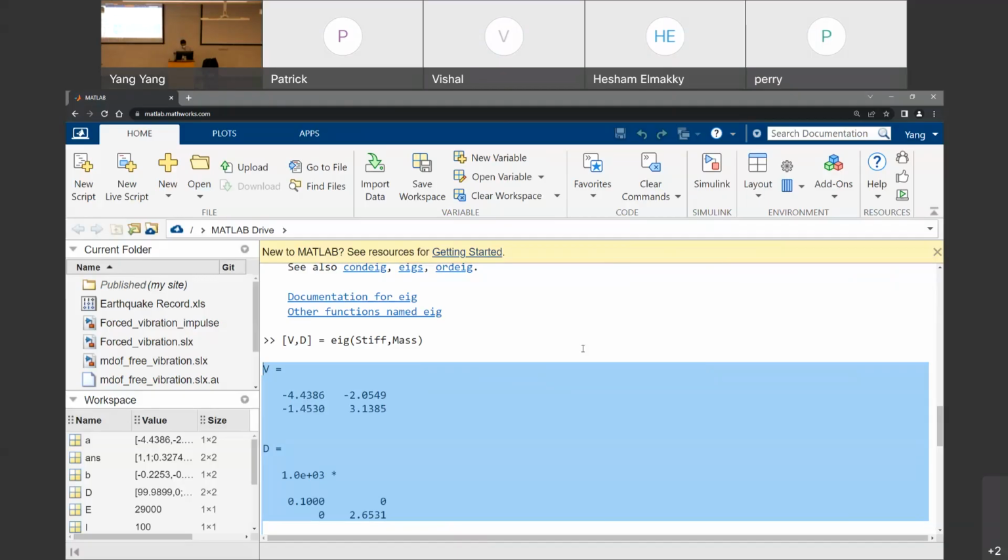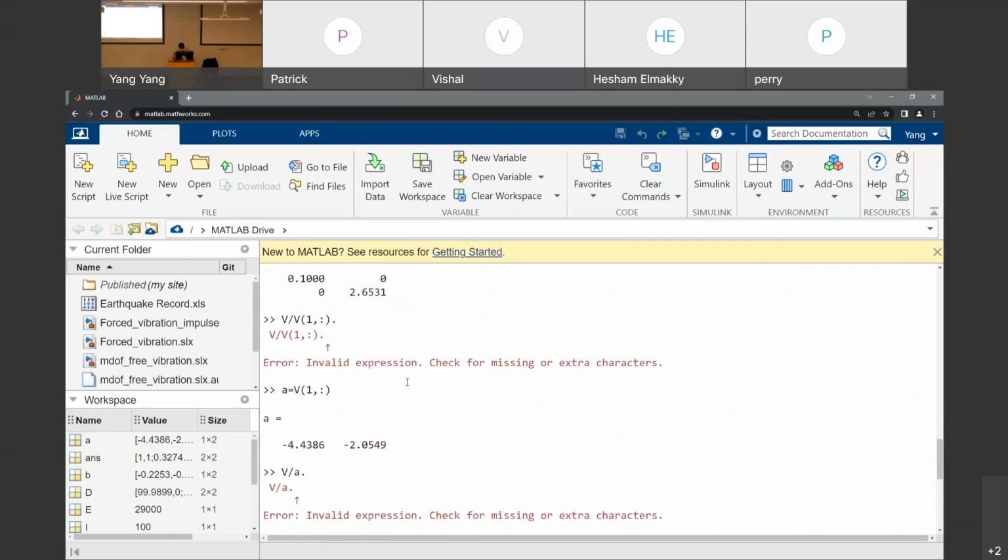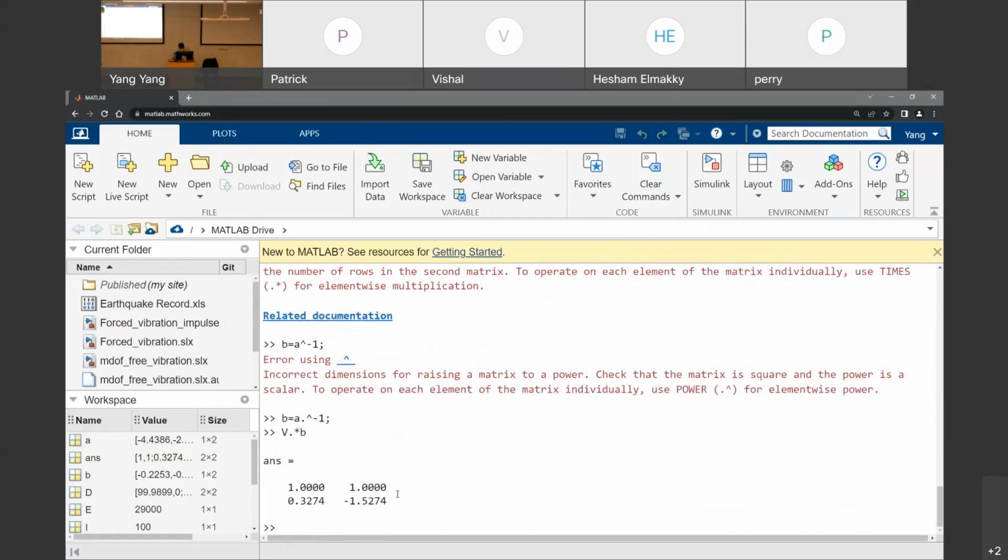Can you scroll down to the code you put at the bottom to get the eigenvector? Yeah, this one here. That's the eigenvectors expressed with the first row equal to 1. Basically, I divided the initial eigenvector matrix by the numbers in the first row, so that the first displacement equals 1.